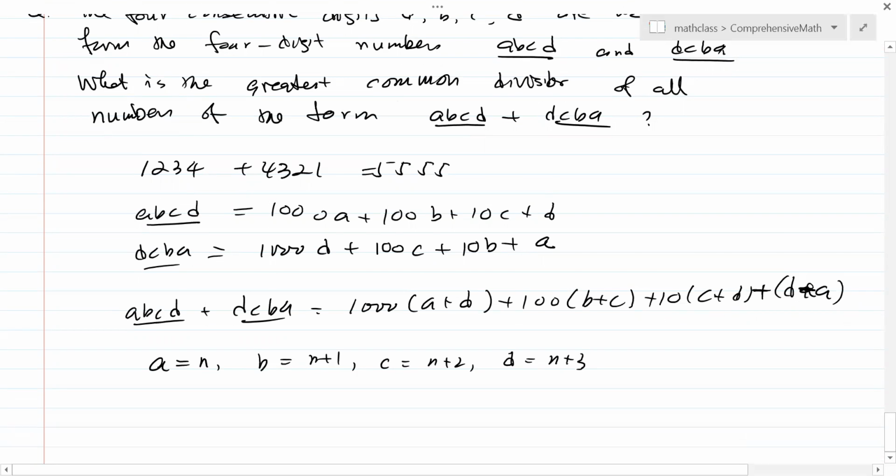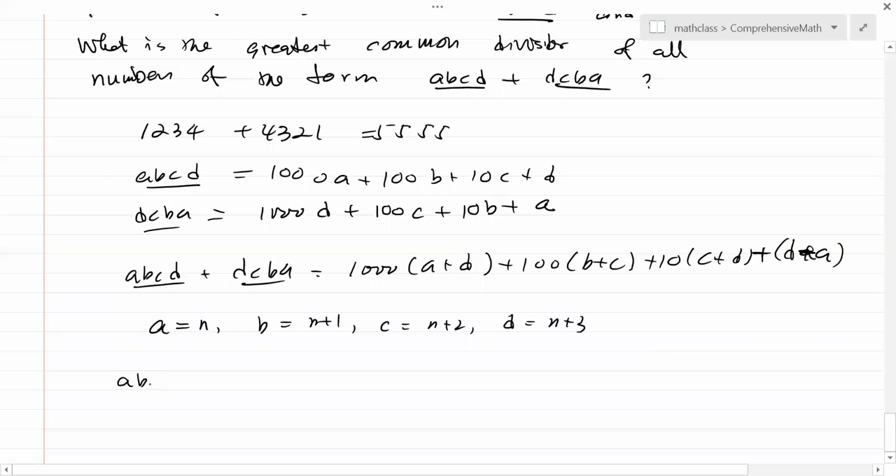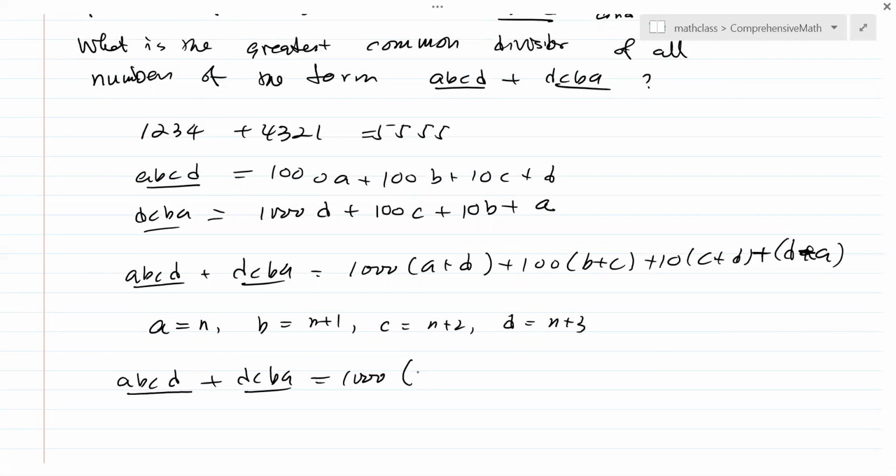Now, after you put them in here, what you see is A plus D is just 2N plus 3. And B plus C is 2N plus 3.